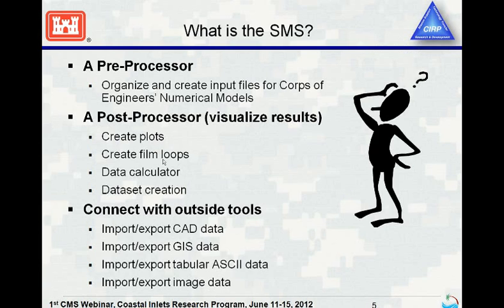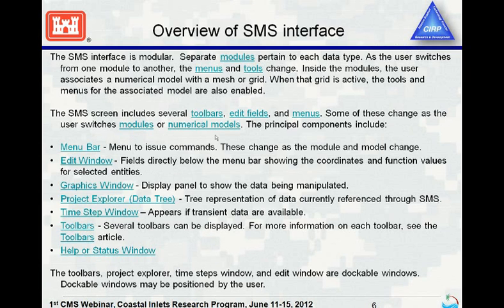You can create plots and film loops, do different calculations on the answers, and get ready for another actual simulation later if you want. And then it can also connect with these outside tools, CAD, GIS, any type of ASCII columnar data, and images can be brought into the SMS.